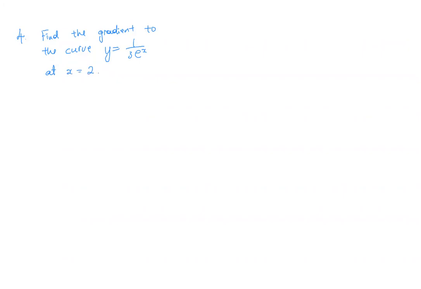So how to do it? If you want to find the gradient, you must have the gradient function first, am I right? That is y equals 1 over 3 e to the power of x.